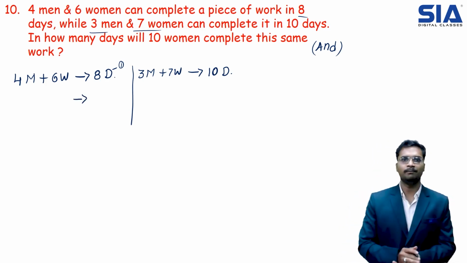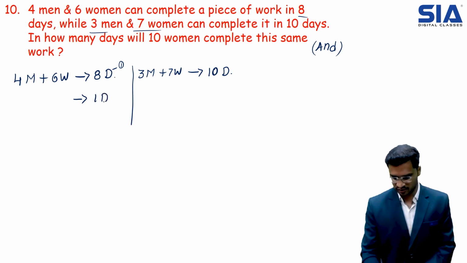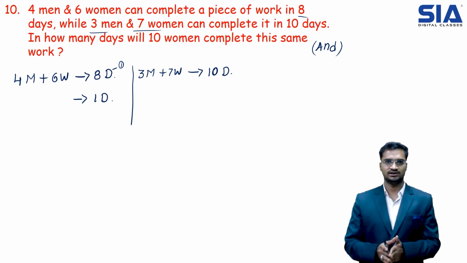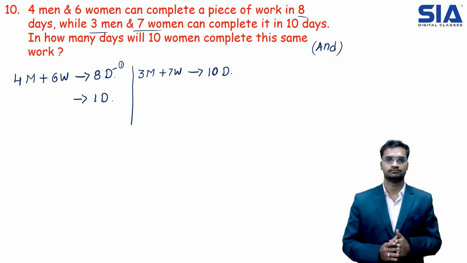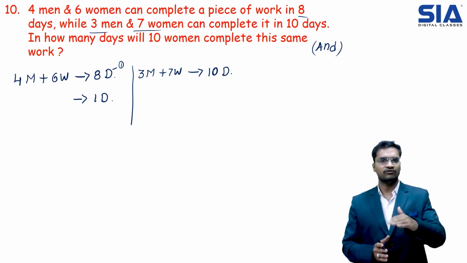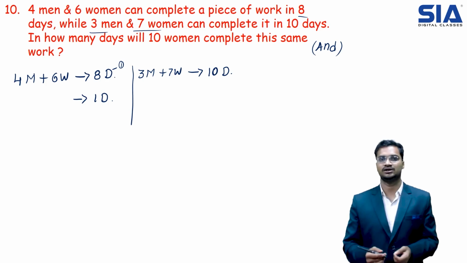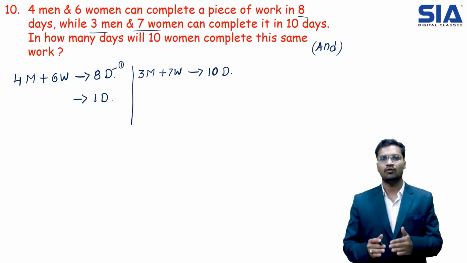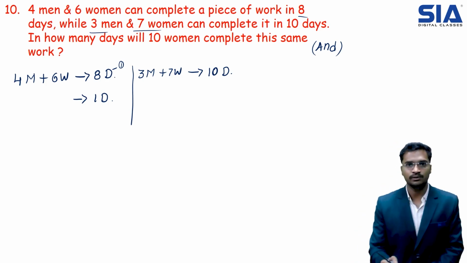If I want to complete this particular work in 1 day itself, am I going to require more men or less men? Simply I can say that if I want to complete this work in 1 day, I want more men than previous. So how many more men?